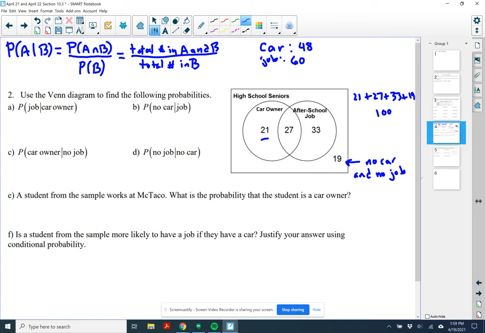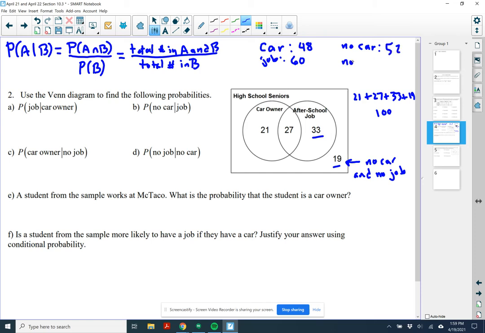Remember what we said, the 21 are the number of car owners that do not have a job. 33 is the number that have a job but no car. We've got the overall total, which is 100. We need the total number of students that have no car. Number of students that have no car is 33 plus 19. 33 plus 19 is 52.